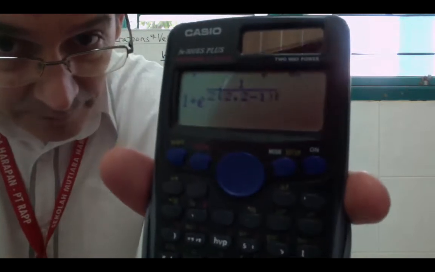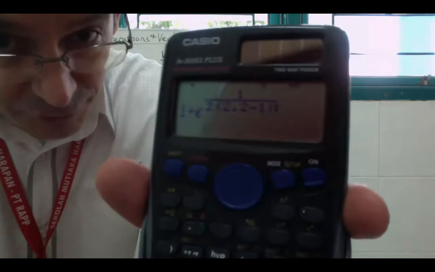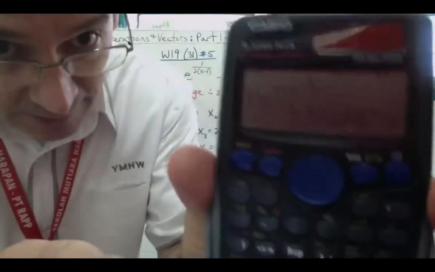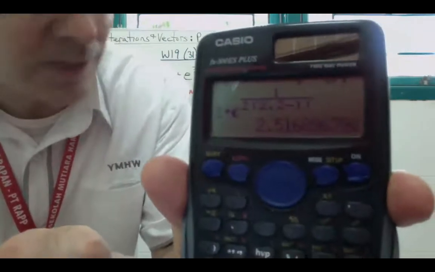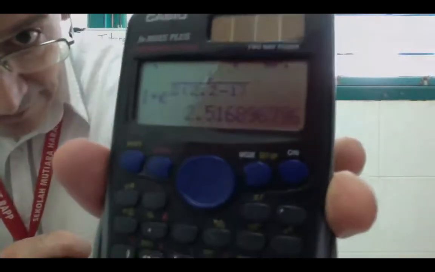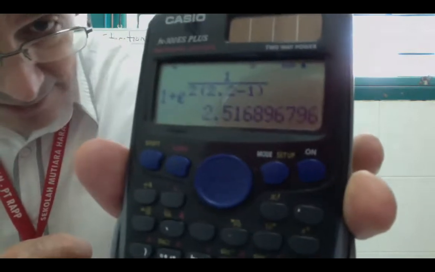So here you can see that I have 1 plus e raised to the 2 times 1 over 2 times 2.2 minus 1. You hit equals. There's your 2.5168. Remember, you're taking this to 4 decimal places, so it actually rounds up to the 9, 2.5169 to 4 decimal places.